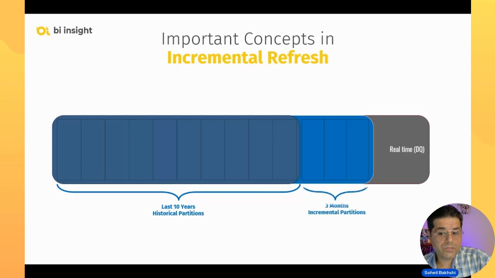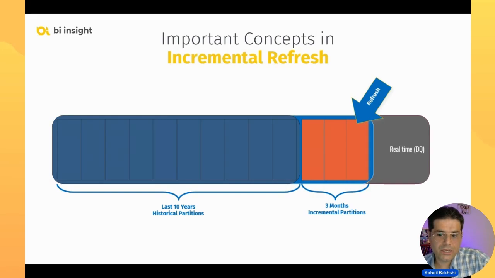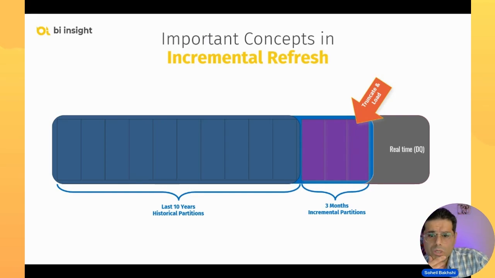So 10 years of data is the duration of the data that I want to keep and analyze. And only 3 months of data is incremental partitions. What happens in the real world whenever we refresh is that the 3 months of data will be truncated and loaded. Now, what if that 3 months of data is a lot of data?